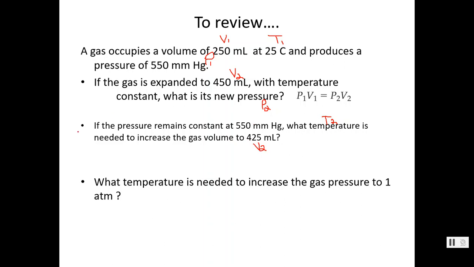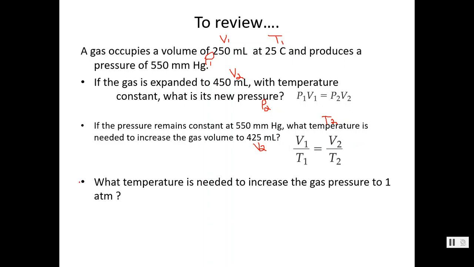In this second bullet, I've got a constant pressure, new temperature, new volume. So I need to think about which gas law involves volume and temperature. And that's going to be Charles's law: V1 over T1 is equal to V2 over T2.